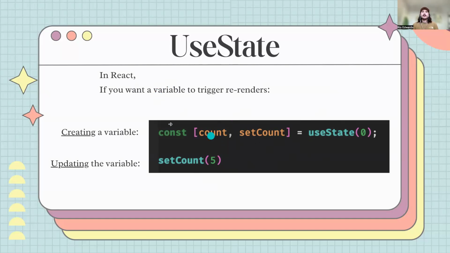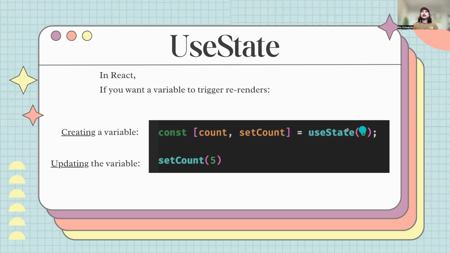And so we can still create variables in the old way. They just won't trigger re-renders in the DOM. So using this syntax, we can. And so the syntax looks like this. This is how you create a variable using useState. You say const count and setCount, which are being destructured out of this useState function.